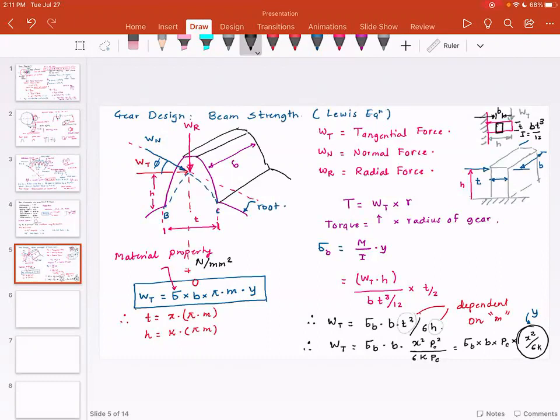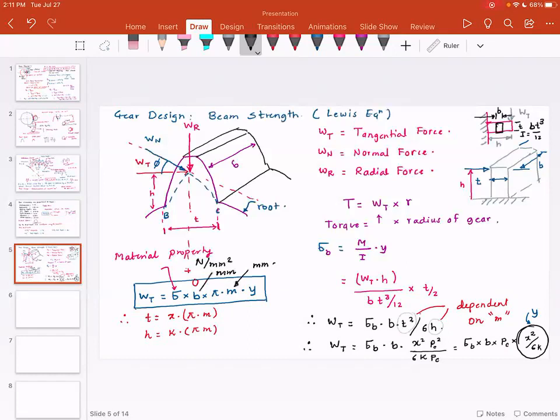Pi is also just a number, so there is no unit associated with it. B is given in millimeters. As you can see, Y is nothing but a number because K is the constant of proportionality, but module is given in millimeters.